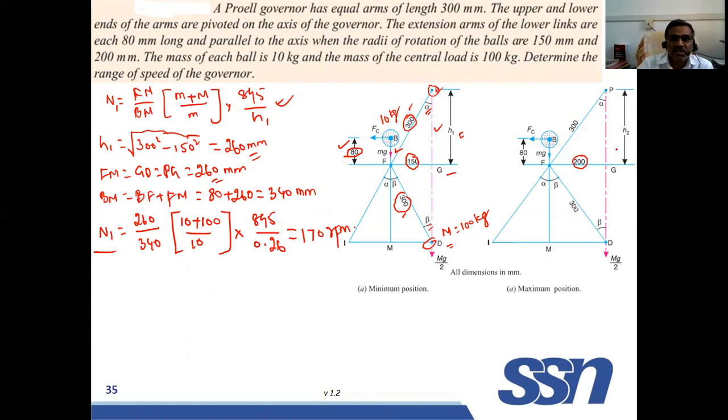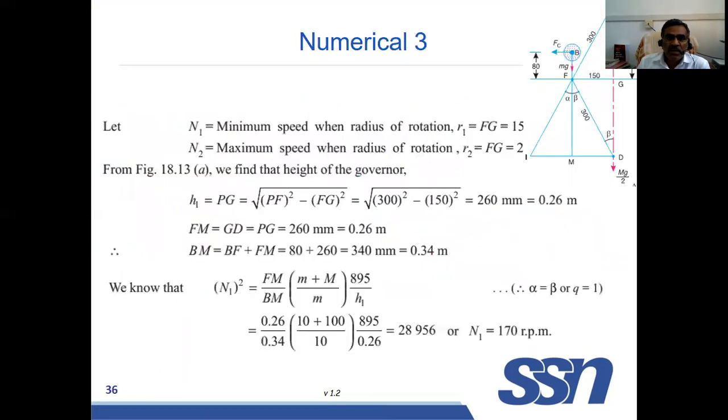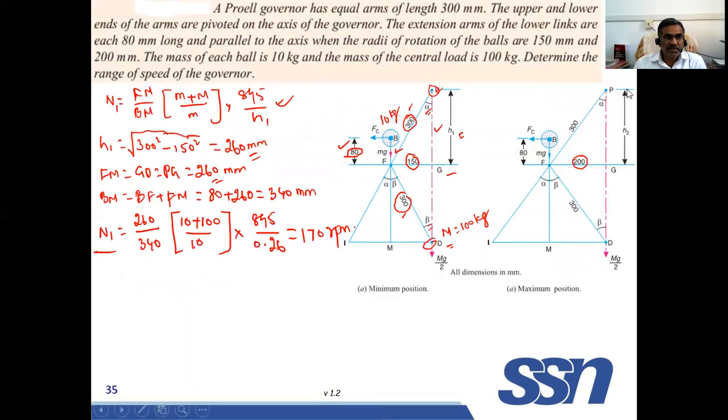So the same equation. Here you have to find the value of N2, right? So use this next diagram. This is at higher speed, so the radius of rotation at this speed is 200 millimeters.